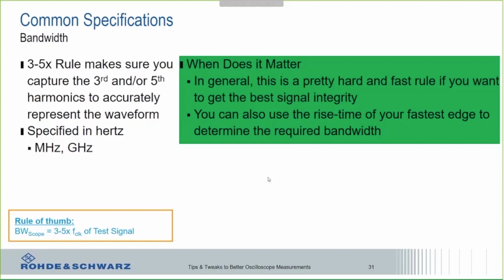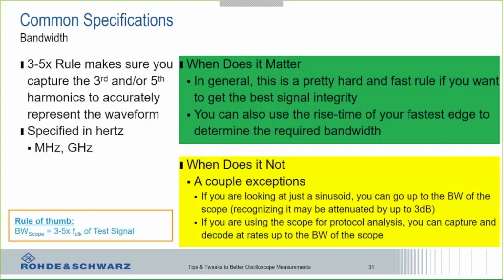This is a pretty basic rule of thumb. There are also other ways to determine how much bandwidth you need. One of the most common is looking at the rise time of the fastest edge in your signal to determine how much bandwidth you'll need in your scope.